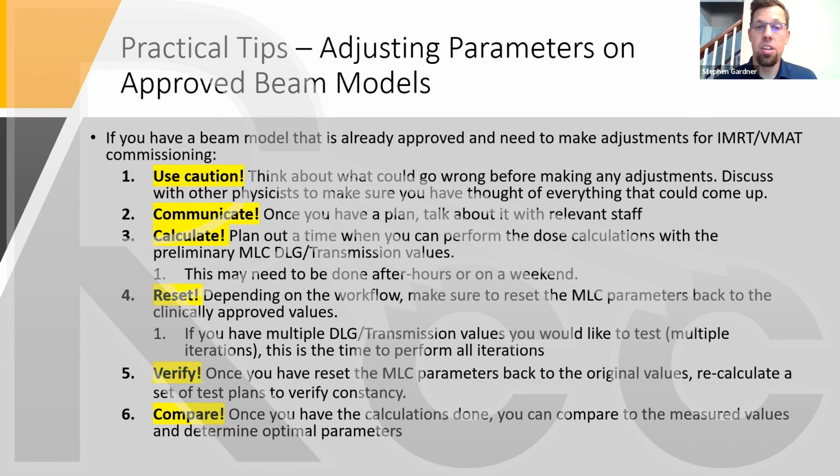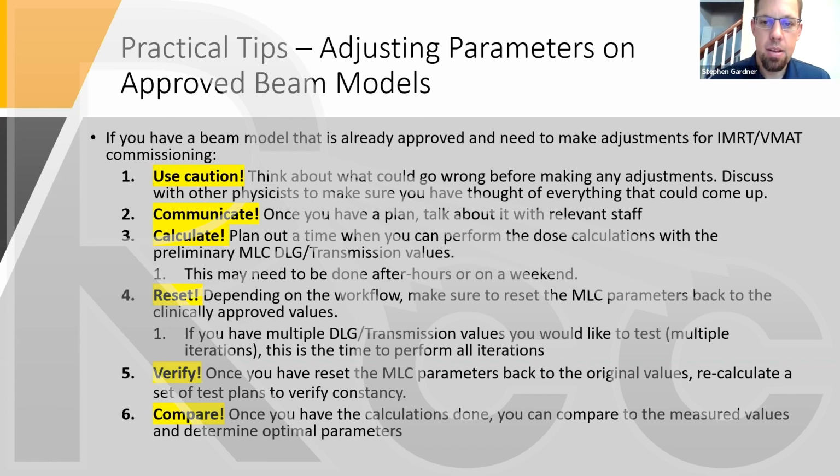Before you make any changes or test out any parameters, think about what could go wrong when making these adjustments. Work as a team, and discuss with other physicists to make sure you have thought of everything that can come up. If you're changing parameters in a beam model, make sure you're communicating with the relevant staff, the doctors, the treatment planners, anyone that could be affected.